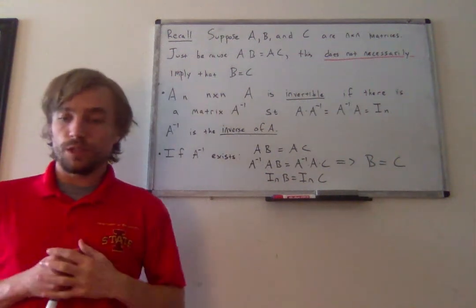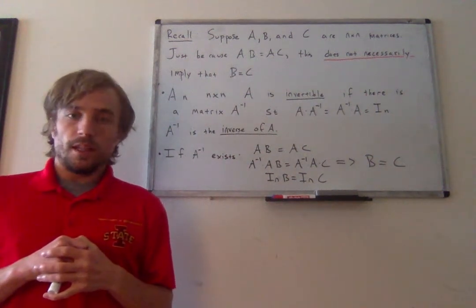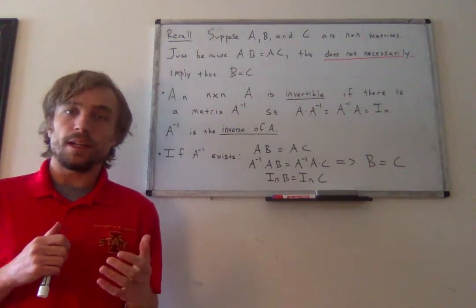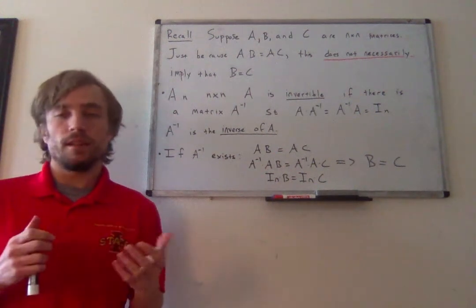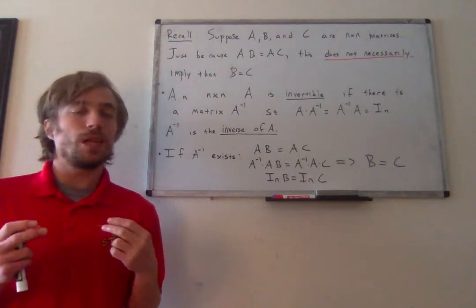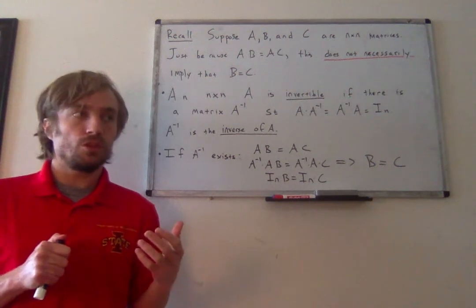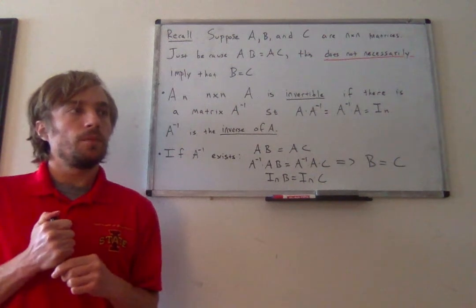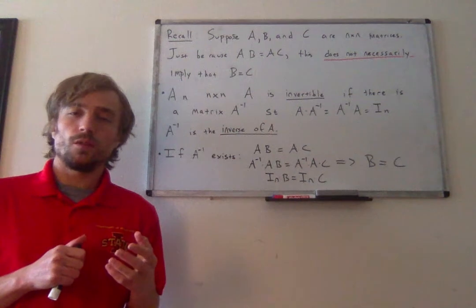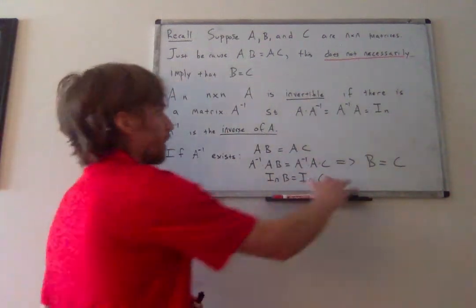How do I determine when a matrix is invertible? Well, it's not easy. We're going to learn how to do it with 2x2 matrices today. And then, well, not today. I always say today. This lecture, we're going to learn how to do it with 2x2 matrices. And then we will learn next lecture how to do it with 3x3 matrices. Unfortunately, 2x2 matrices, we have sort of a nice way of doing it.